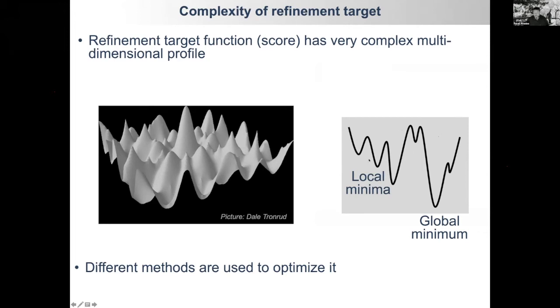It has lots of local minima, right? And the goal of refinement is to get to the deepest possible minimum. Hopefully you get to the global minimum, which never happens, but that's the goal.